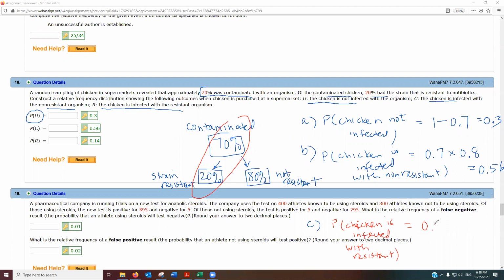So this is going to be 0.7 times 0.2, 0.14. Okay, so coming down this way, this red loop was the probability of R that we just calculated. Going down this green path was the probability of C, where C was the chicken is infected with the non-resistant organism.